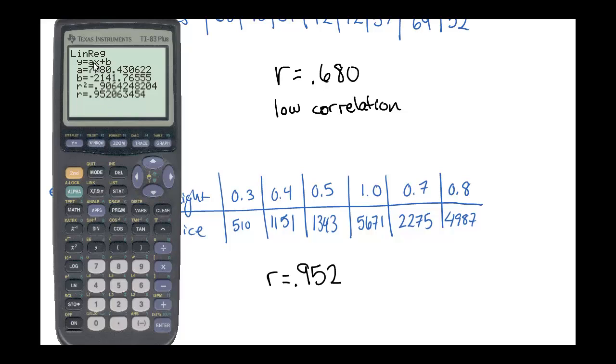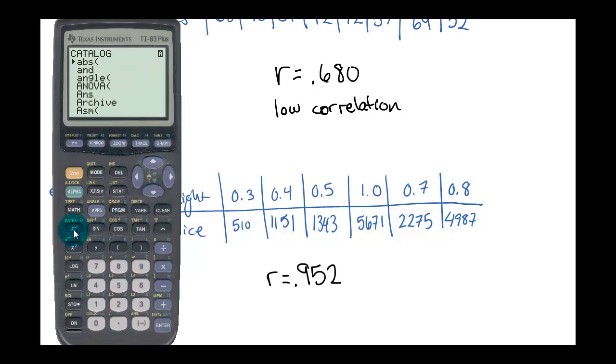Now one comment, if you are doing this regression option and you're not seeing the R or R squared, if it's just telling you A and B, then what you want to do is go into the catalog, and you'll only have to do this once. So you're doing the second button, and then catalog is right above the 0. So second, catalog. And there's a whole bunch of functions in here.